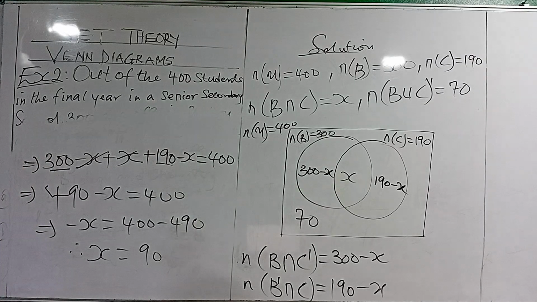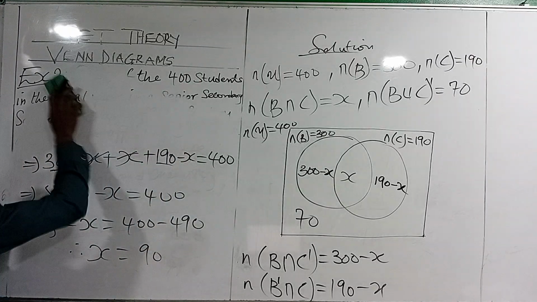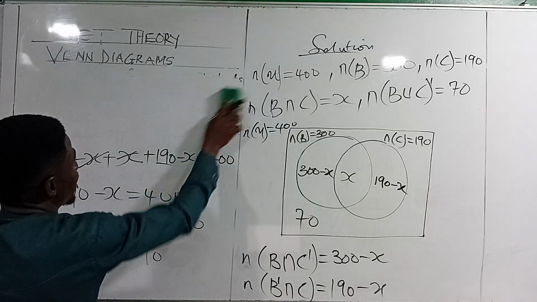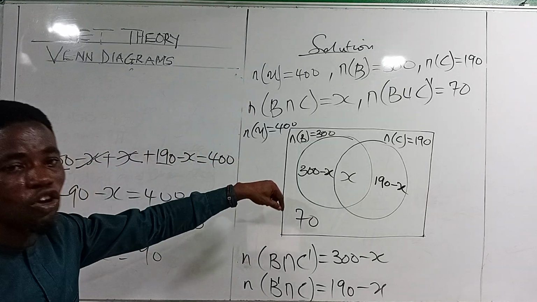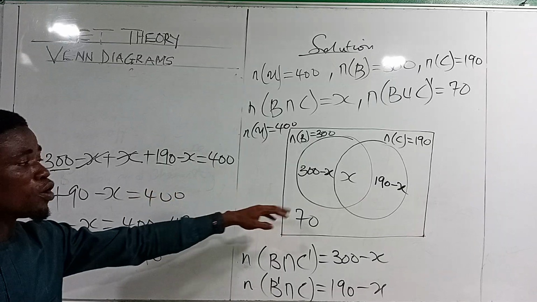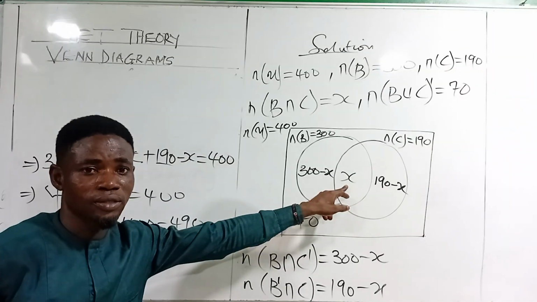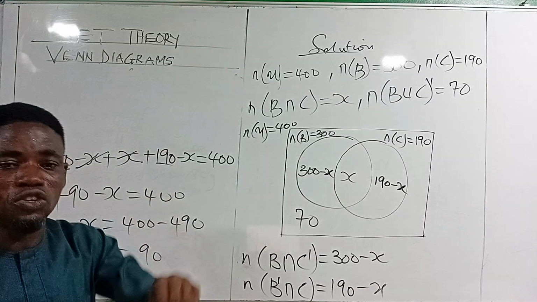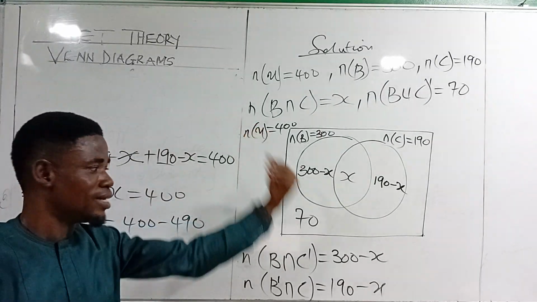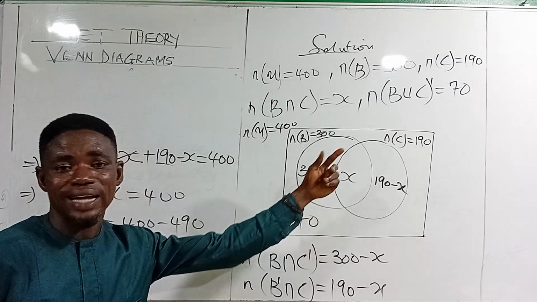Now let's go to question number 2. We are to find the number of the students who offer both subjects. But in this case, we have 70 students that did not offer both biology and chemistry.